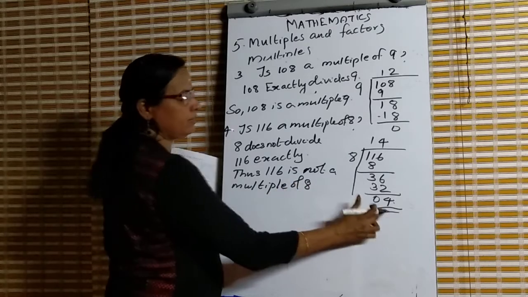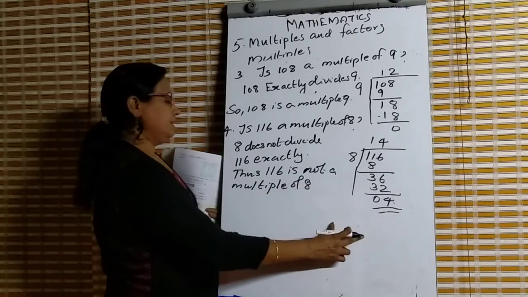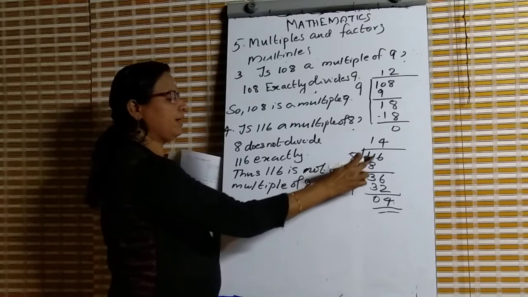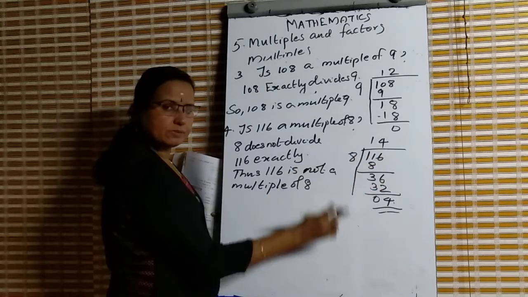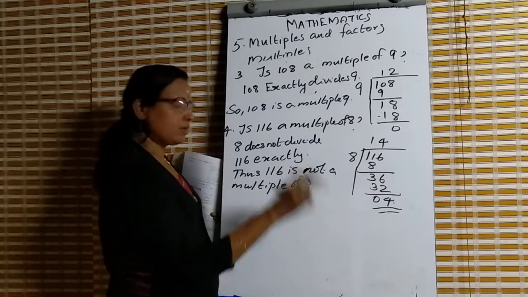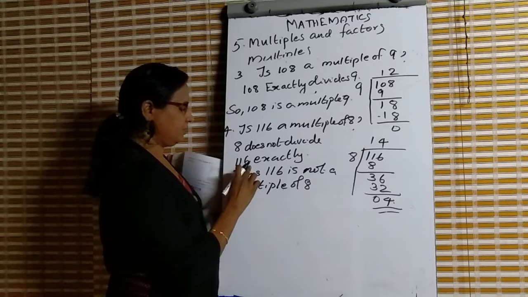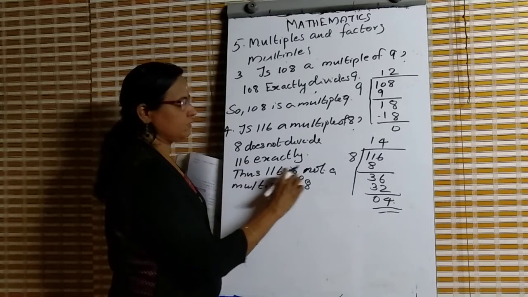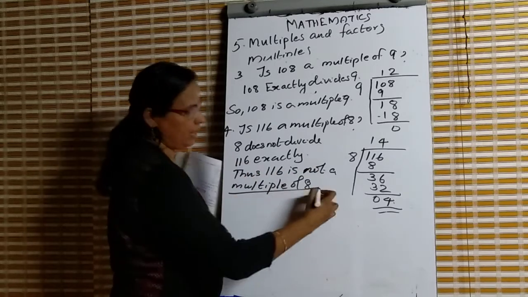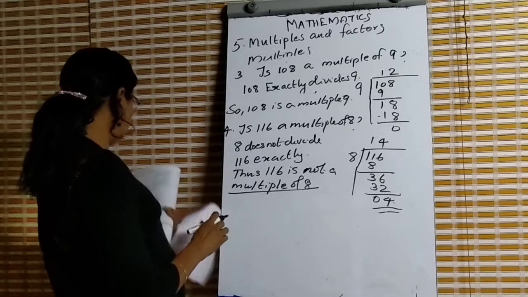Here our remainder is 4. So 116 is not divisible completely by 8. Thus 116 is not a multiple of 8. Write in the notebook.